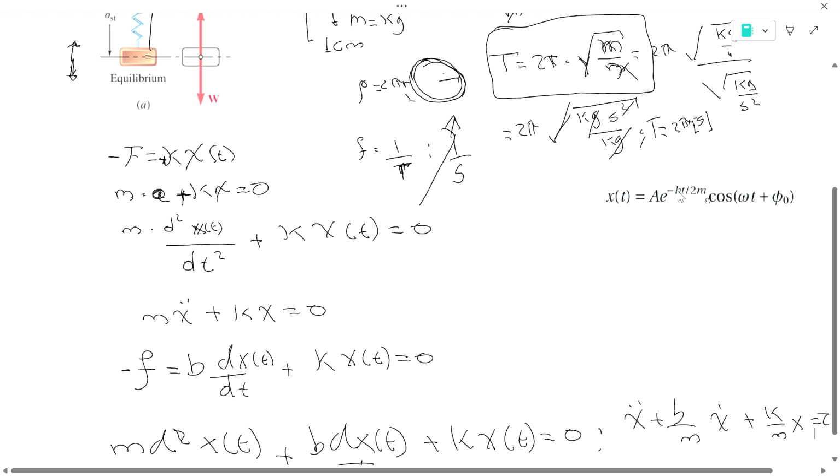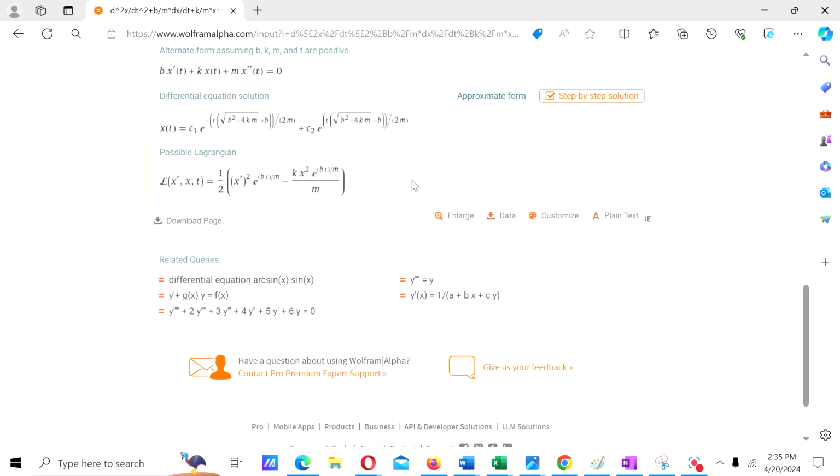So b is the coefficient of drag or the damping coefficient, m is mass, and omega we already know is the square root of k over m, and then any initial conditions for your oscillation. If not, this will be just omega t. Actually, in most cases, you don't see this because you're starting from an initial point where there's no initial vibration.